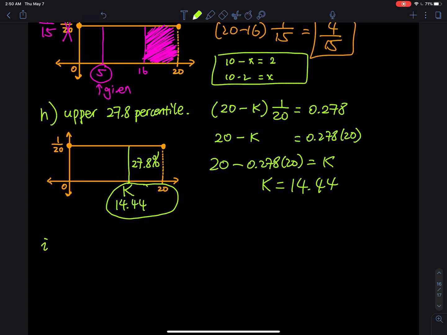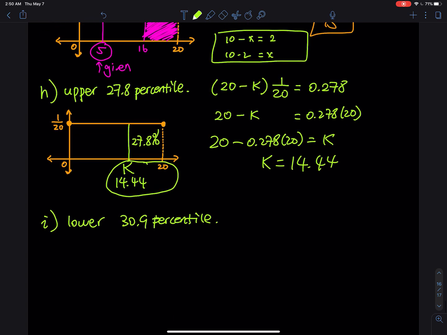I asked for the lower 30.9 percentile. Actually, I don't need to use this word because 30.9 percentile by itself means left side. So back to the box plot problem.